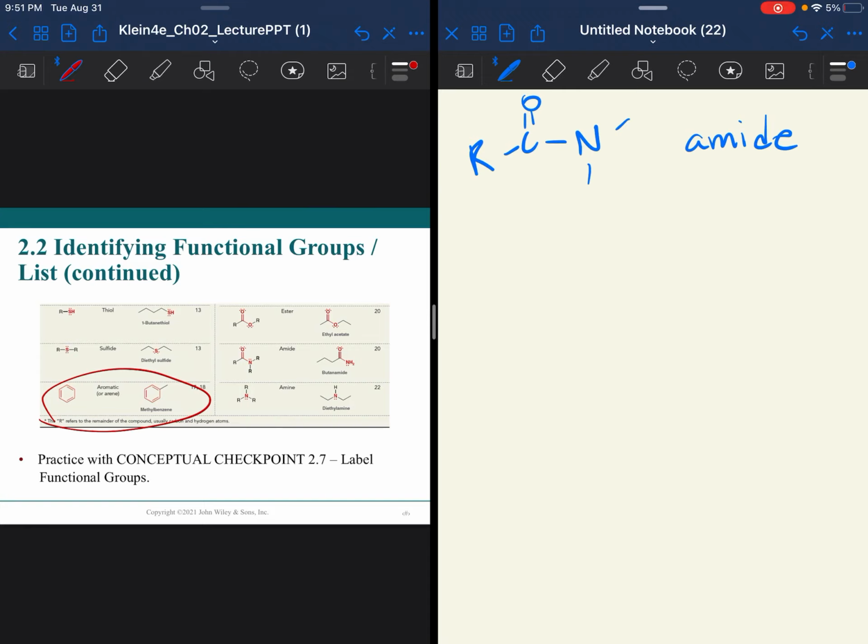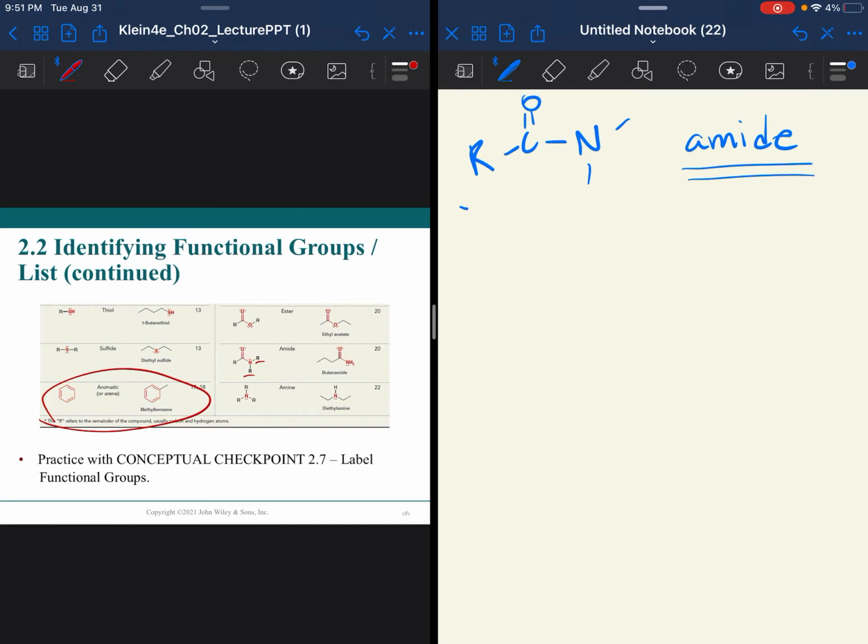I've heard it both ways. I'll say it both ways. Pick your favorite. Now, I just put 2 lines coming from the nitrogen because it could be R groups, it could be hydrogen. It doesn't matter, it's still an amide. So nitrogen forms 3 bonds. Those 2 other bonds, whatever they are bonded to, it's still going to be in this category of amide.